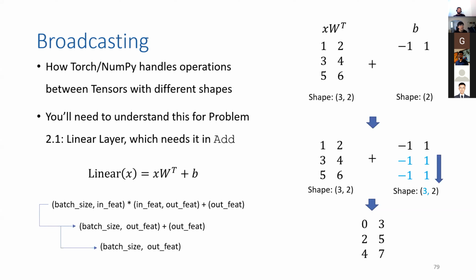So it handles a lot of the edge cases with sizes. In particular, this becomes useful for problem 2.1, the linear layer, where you need to add broadcasting to add. I believe we need to add broadcasting to multiply as well.